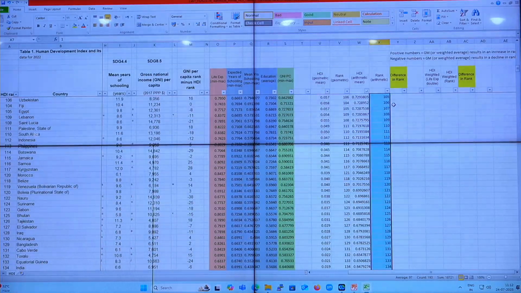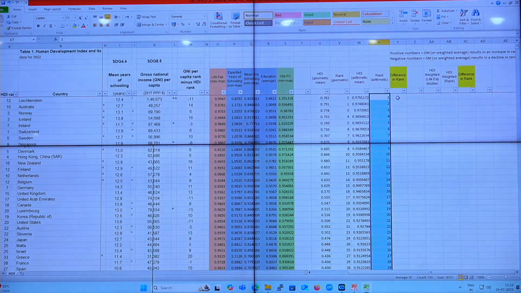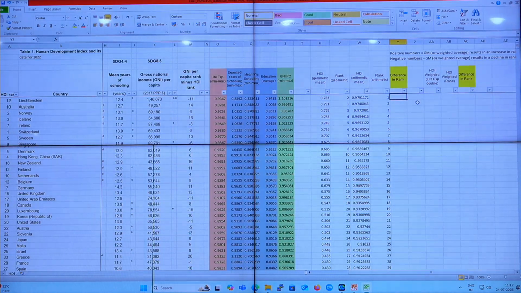And then you can look at the difference in rank. So here I'll take equals the arithmetic mean minus the geometric mean.